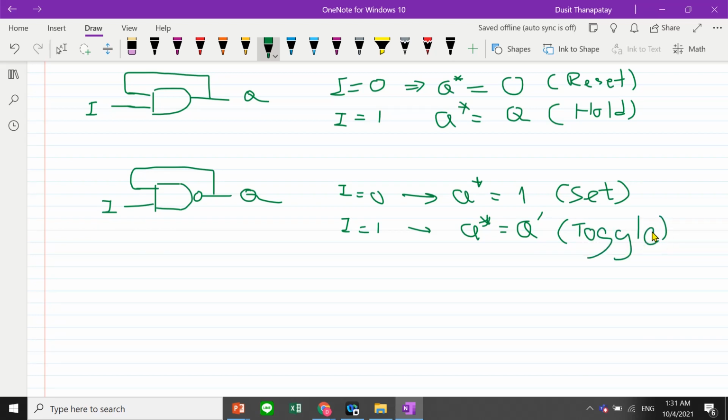Toggle. These are the basic actions or operations of the circuit that you should know: set, reset, hold, and toggle.